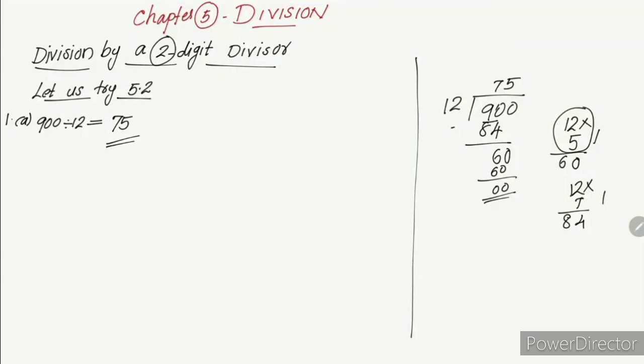Next we can go for another question. Our next question, 7225 divided by 85. Then we can find here 7225 divided by 85. Is there any 85 in 7? No. What about 72?